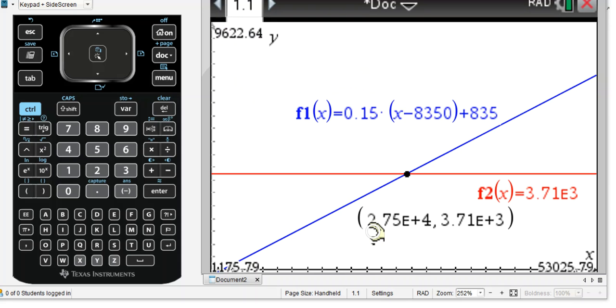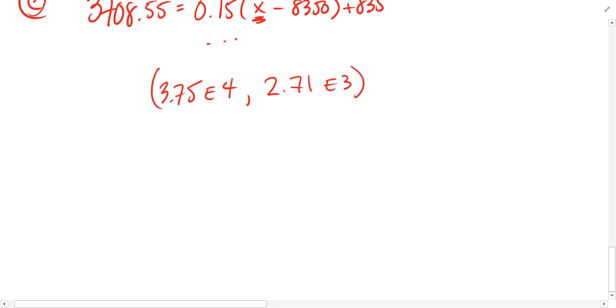I've got myself all mixed up. 2.75 E4, 3.71 E3. There we go. Sorry about the mix-up there. But anyway, back to that scientific notation.